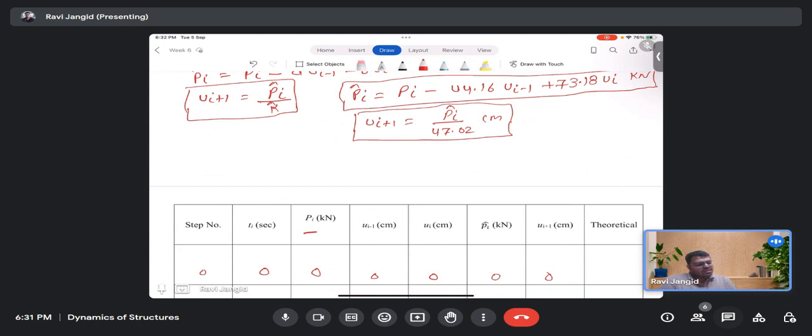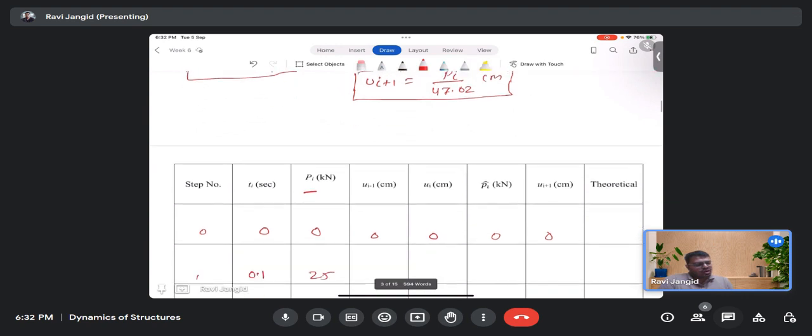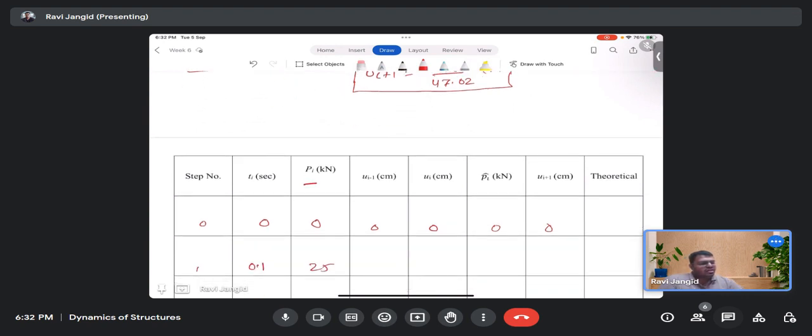Okay. Now, at step 1, i is equal to 1. At i is equal to 1, what is my pi? p1 is 25. So what is my ui minus 1? At i is equal to 1, it would be my u0, which is 0.